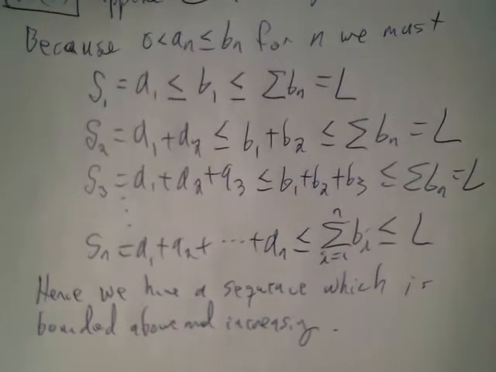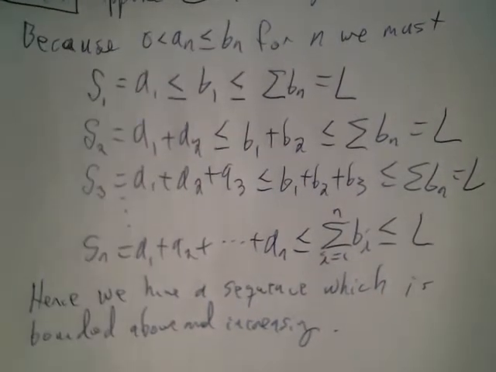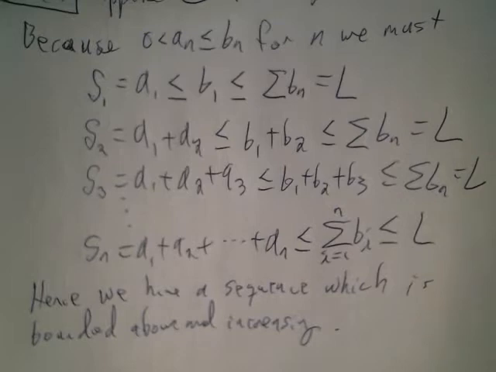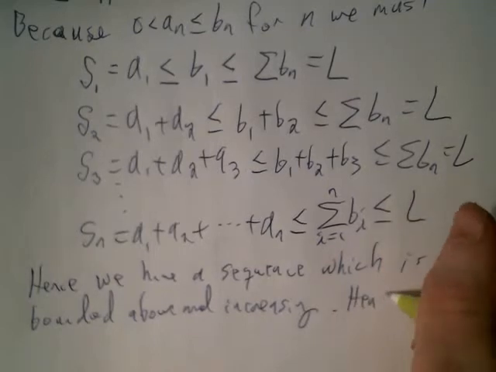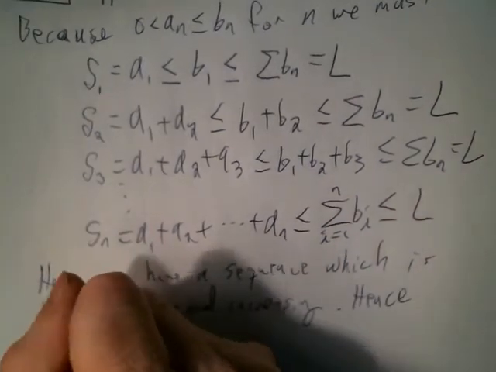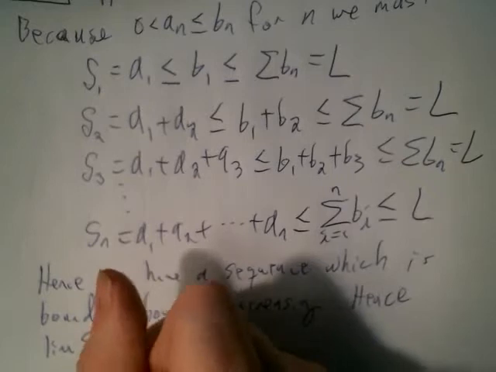So what does that mean to us? Well, if you remember from 9.1, we had the monotonic bounded theorem, which said if that's the case, then the thing is convergent. So hence, the limit of S sub n is equal to something.